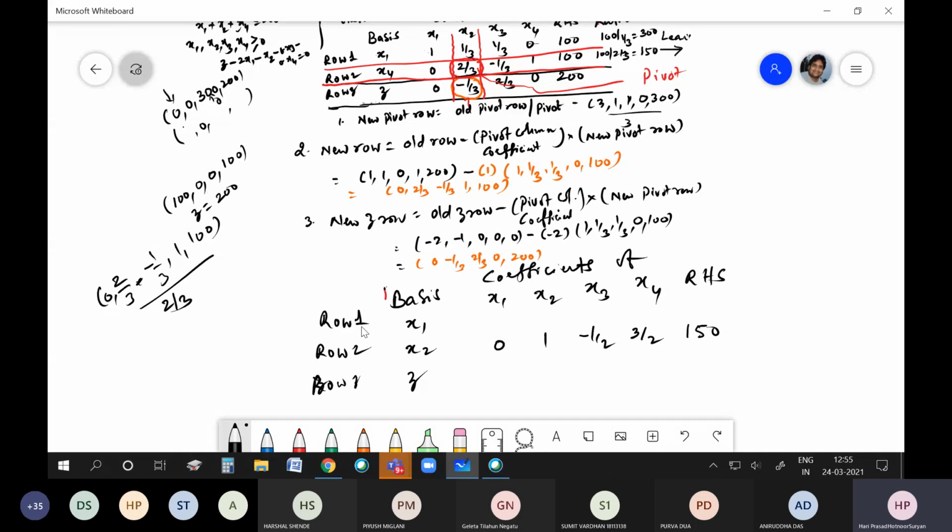Now what will be the new row 1? The new row equals the old row, that is 1 by 3, 1 by 3, 0, 100, minus the pivot column coefficient, which is 1 by 3, into the new pivot row, which is 0, 1, minus half, 3 by 2 and 150.